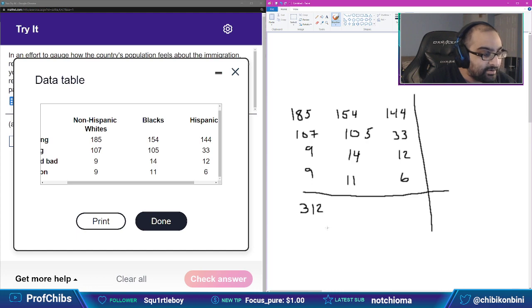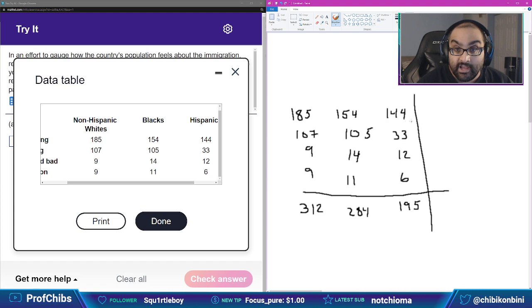Let's add up this column now: 154, 105, 14, and 11. For this column we get 284. And we have 144 plus 33 plus 12 plus 6. We add that up and get 195 for that column.